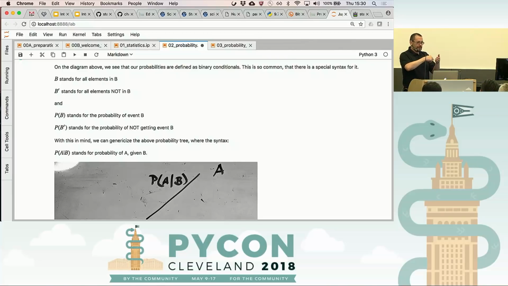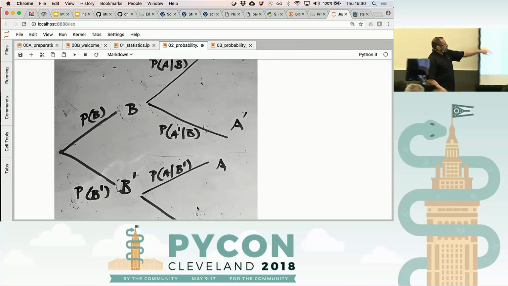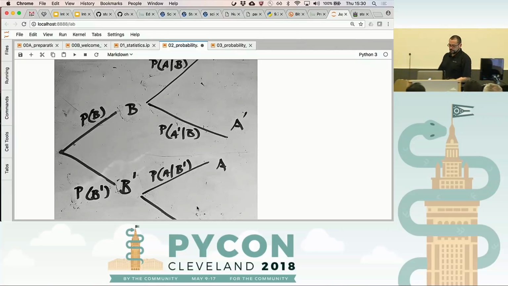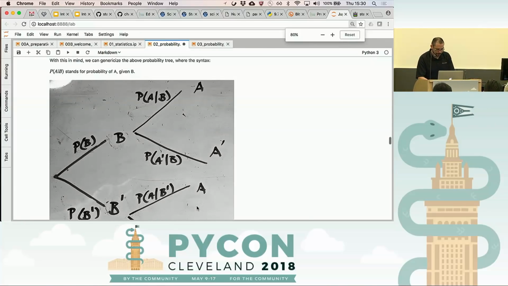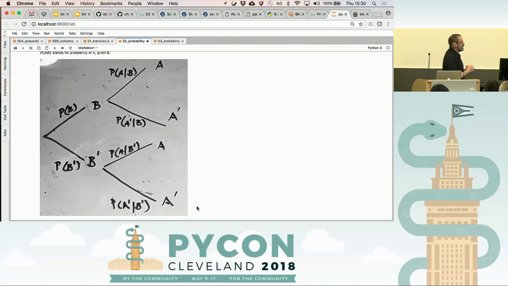You might also see tilde B. It just means anything that's not B. So here, probability that I get a B, probability that I don't get B. This is B, this is not B. There's an A up there, not A and not A. Shrink this down a little bit. All right. So you'll see B prime, A prime.